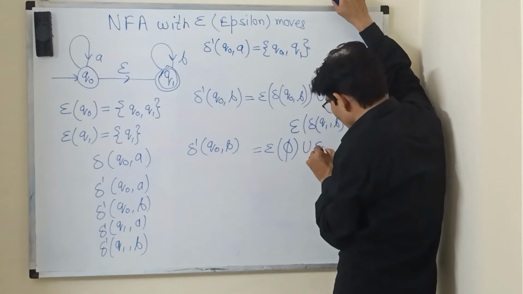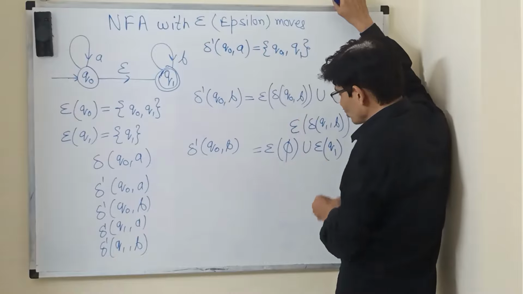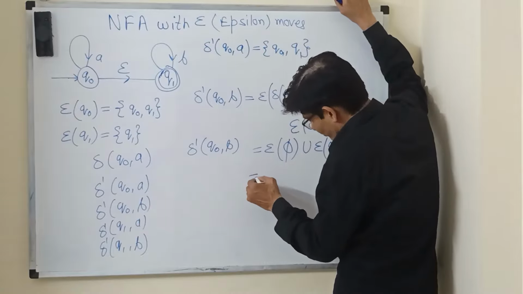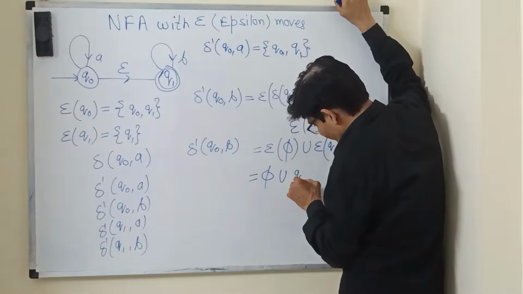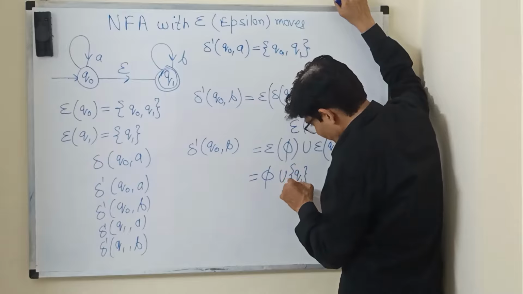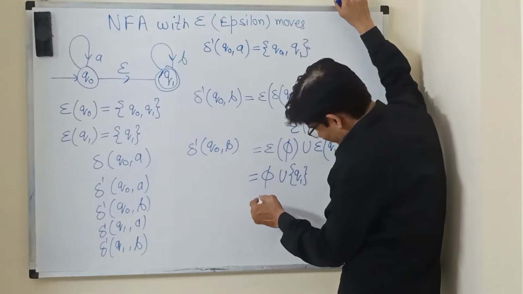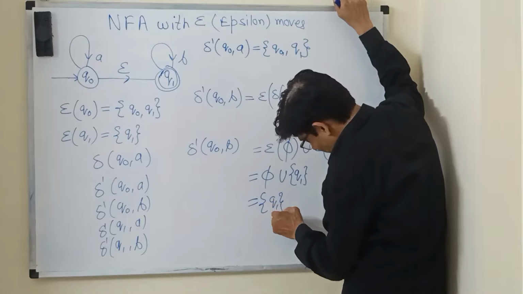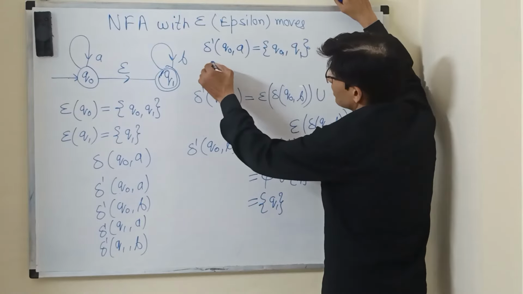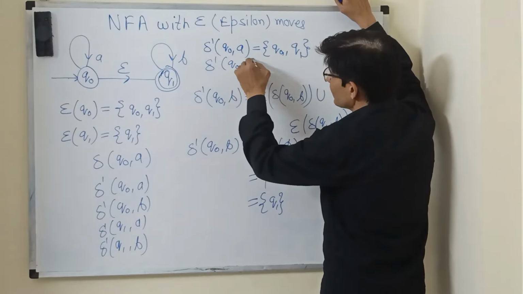So epsilon closure of Q1, and that would be phi union Q1, because epsilon closure of Q1 is Q1 only. So finally that would be Q1.